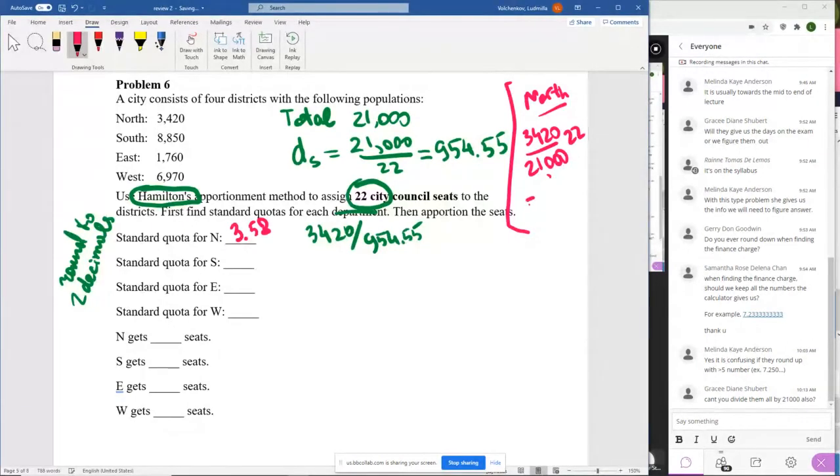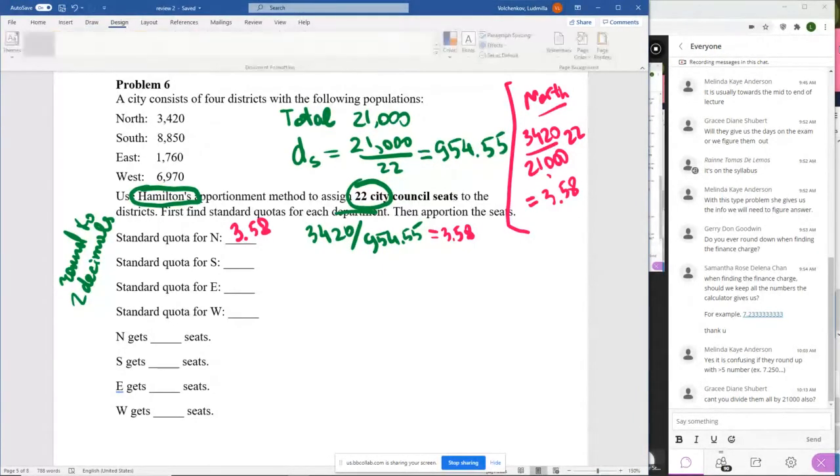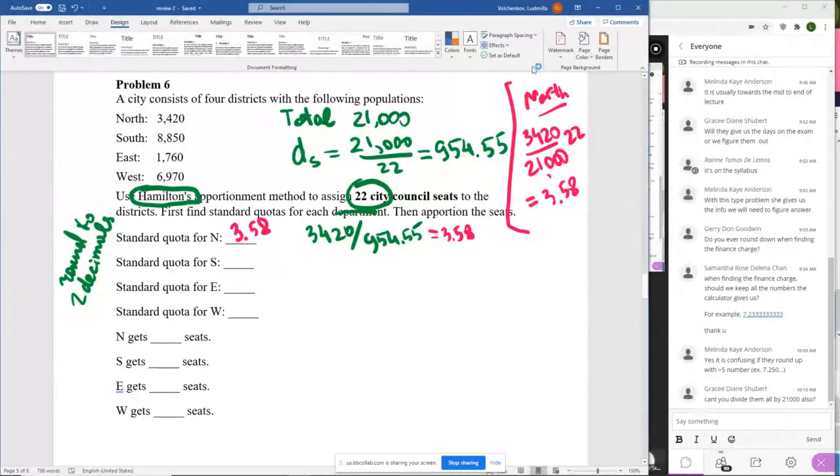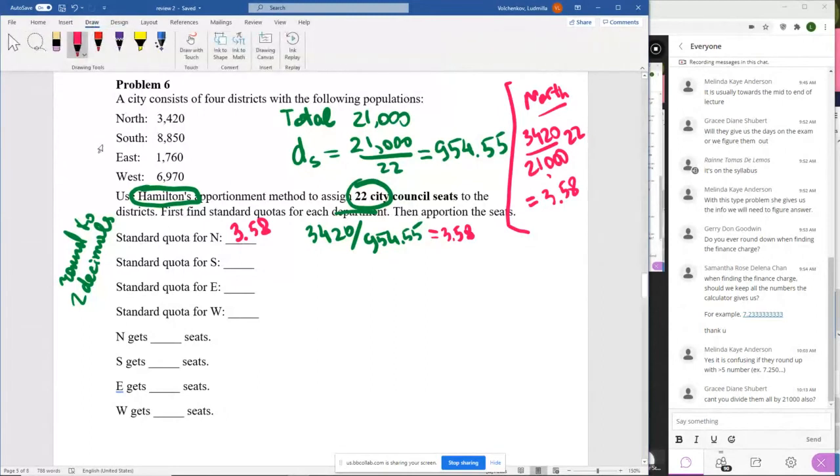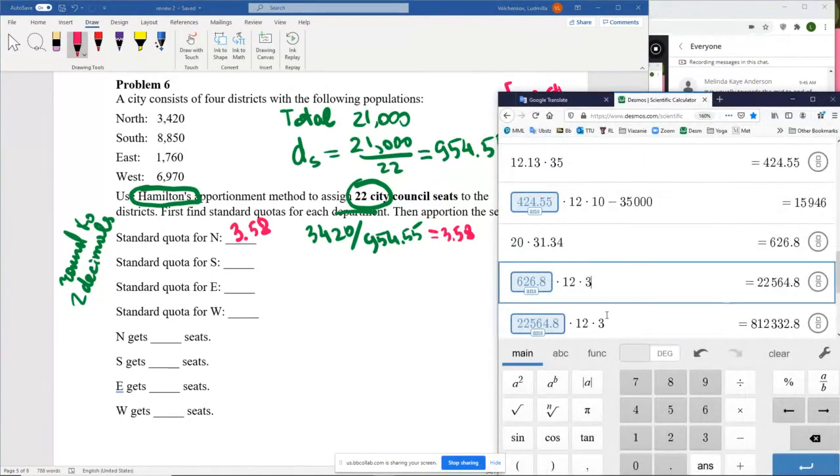You must get the same answer, 3.58. And this is also 3.58. This is up to you, whether you use the standard divisor or the first method. In the formula sheet, I will give you both, in boxes explaining the first way and the second way in case you forget.